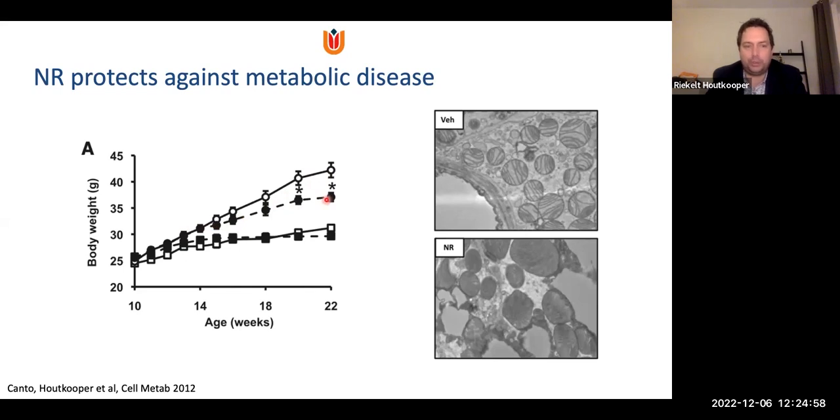And there are several improvements. I will not go into all of them, but for instance in the brown adipose tissue, the mitochondrial density after supplementation with nicotinamide riboside is much more pronounced compared to the vehicle-treated animals. So after nicotinamide riboside treatment in this mouse model, we see a massive improvement in insulin sensitivity, and these mice are gaining less weight.